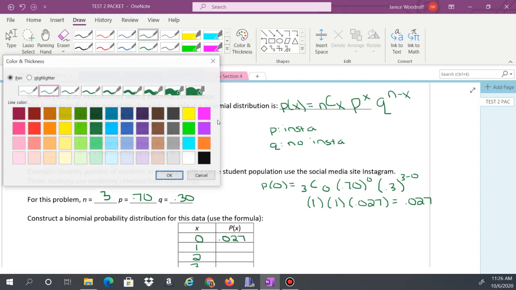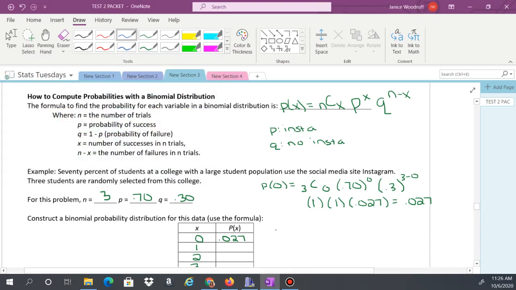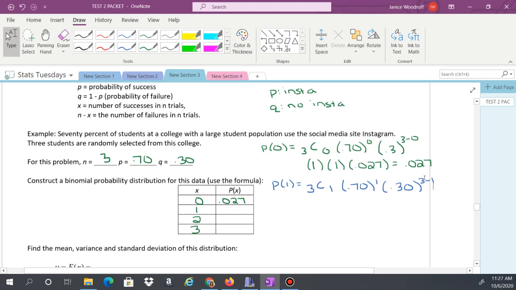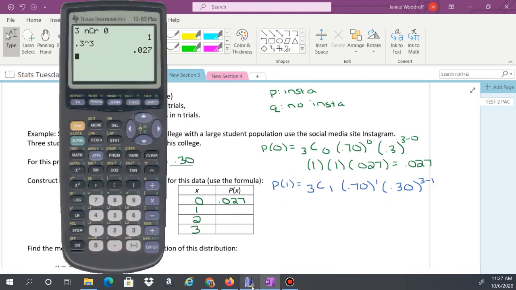Okay, and then we're going to do this with 1. I'll change the color. So the next one is 1. You've got 3 is still that n, so 3C1, then 0.70 to the first power, then 0.30 to the 3 minus 1. All right, so 3C1: 3, math, over to probability, nCr, 1, it's going to be 3.